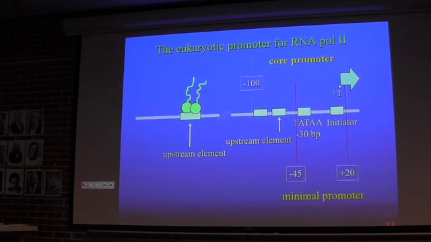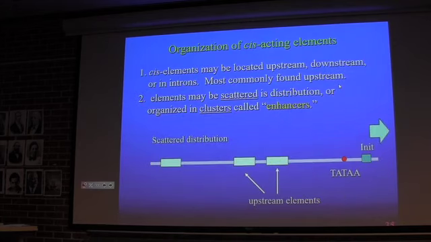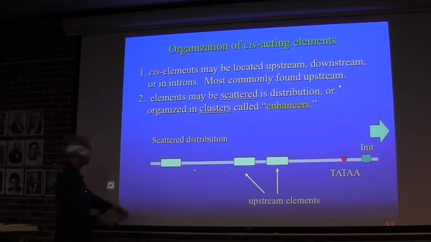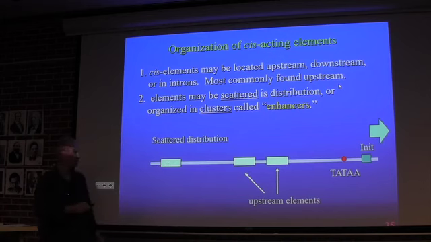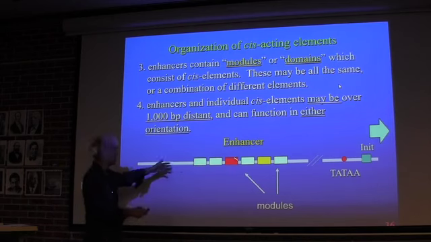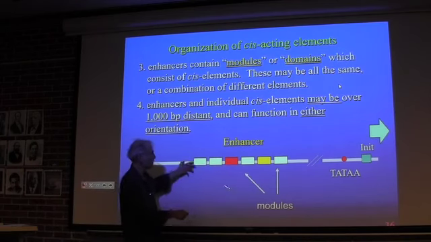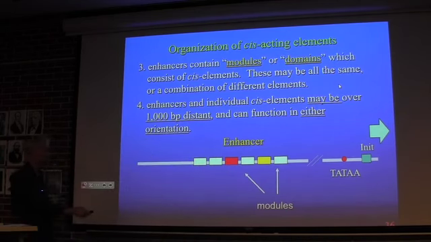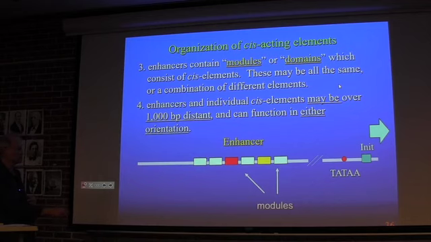Okay, minimal promoter, you've already got all that. Enhancers, they can have a scattered distribution. Here you see these upstream elements. They can be all scattered or they can be clustered together in what's called an enhancer. Enhancers, one of the terms is module. An enhancer will have modules, which are really just upstream binding sites for these transactivators.